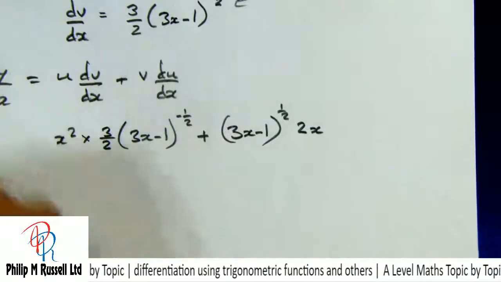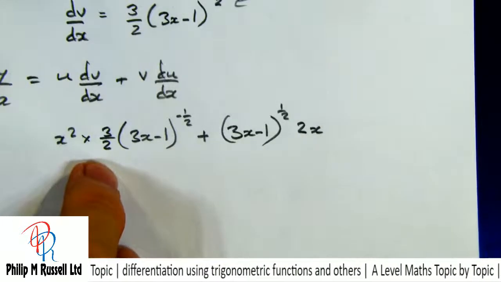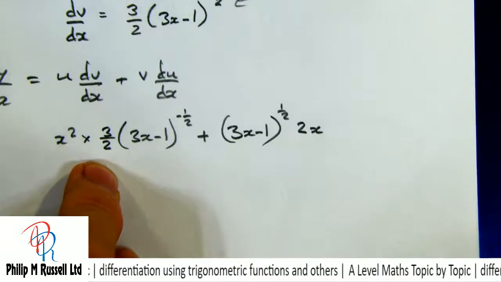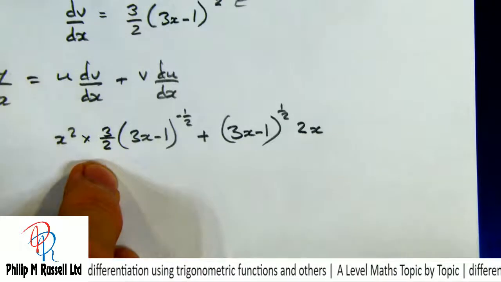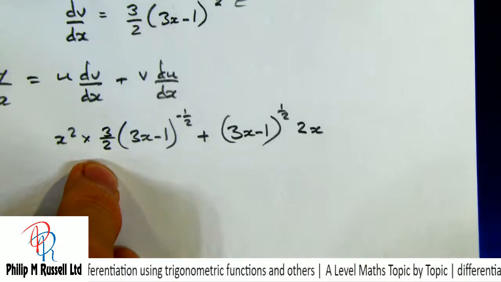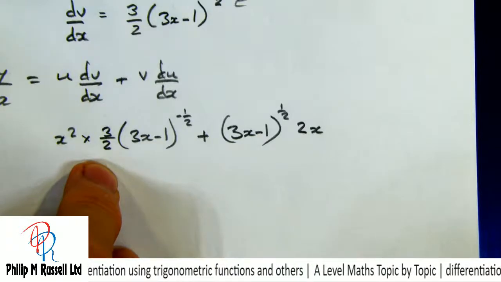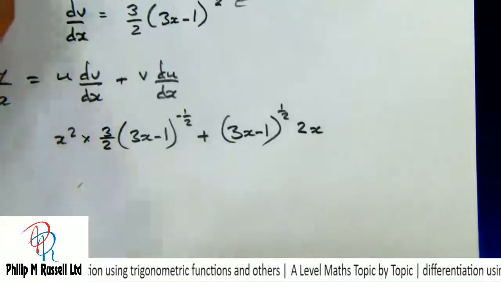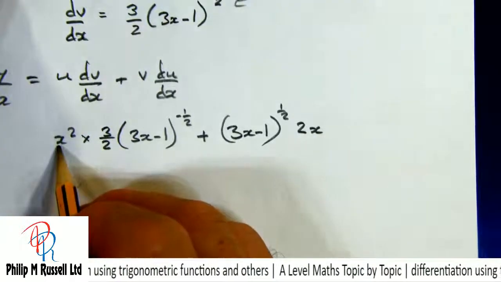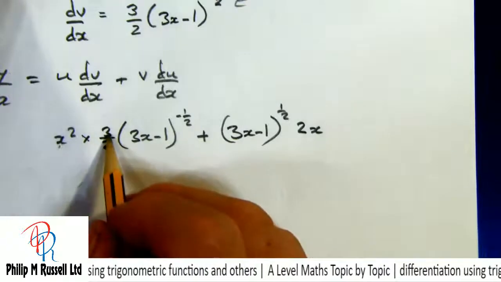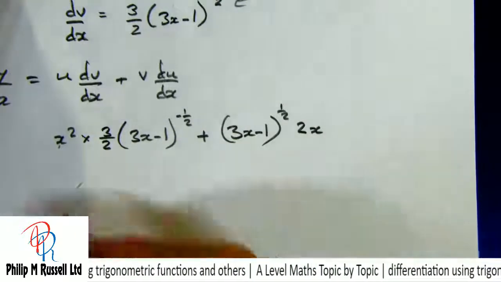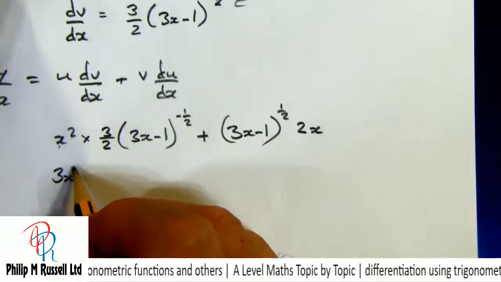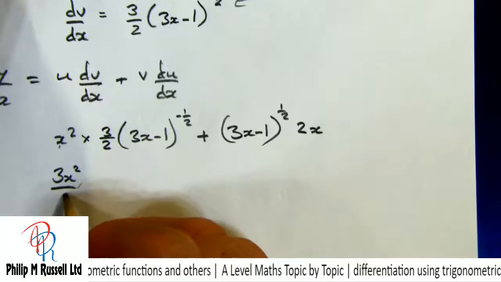So let's see if we can resolve some of this and see what we've actually got, so that we can sort this out a little bit better. I'm going to multiply these out. So I'm going to do x squared times 3. That's going to give me 3x squared over 2.